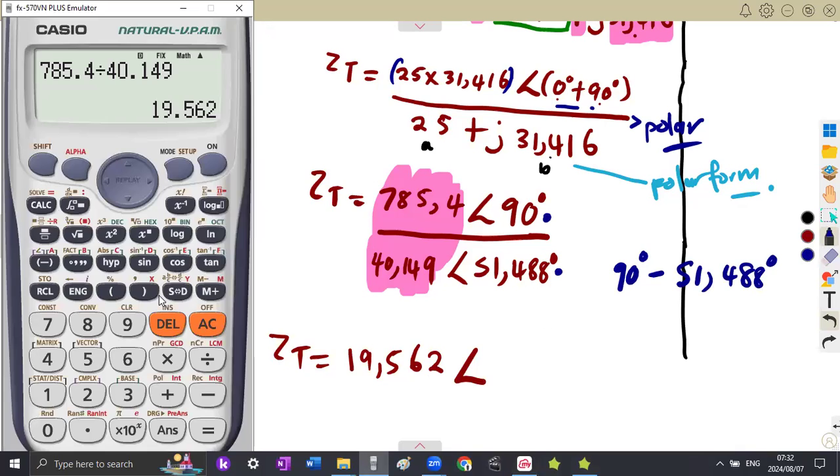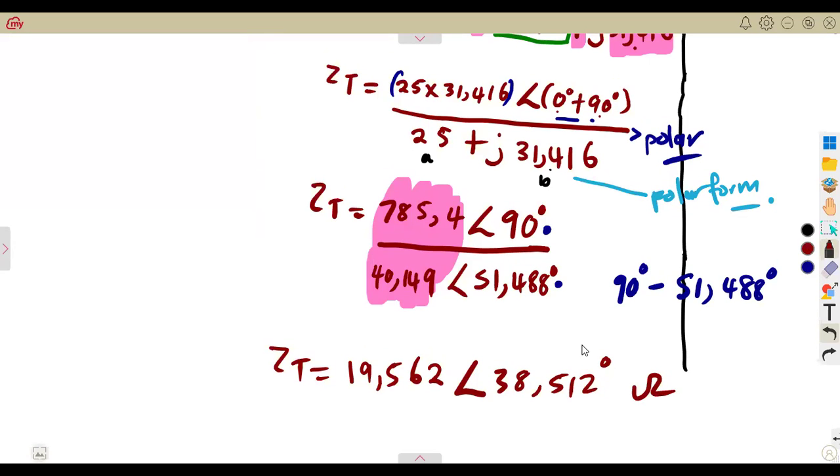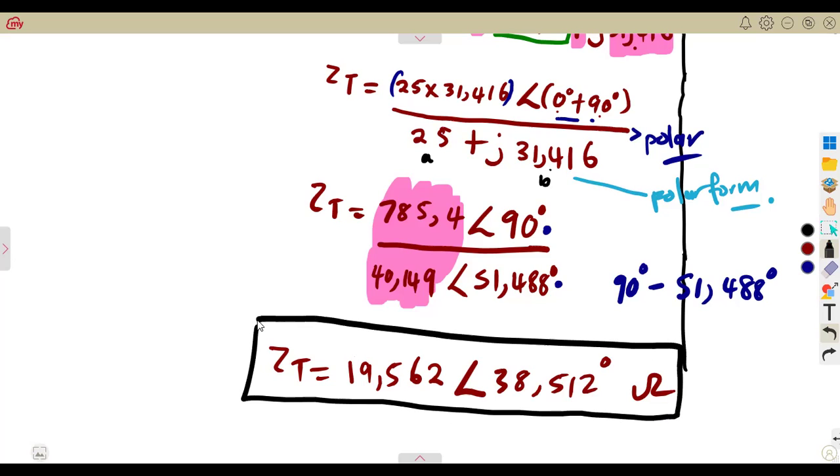So you're going to subtract the angles. 90 minus 51,488. So this was going to give us 38,512. So that's 38,512 degrees. That is, we have the total impedance of the circuit. And remember, impedance is measured in what? In ohms.